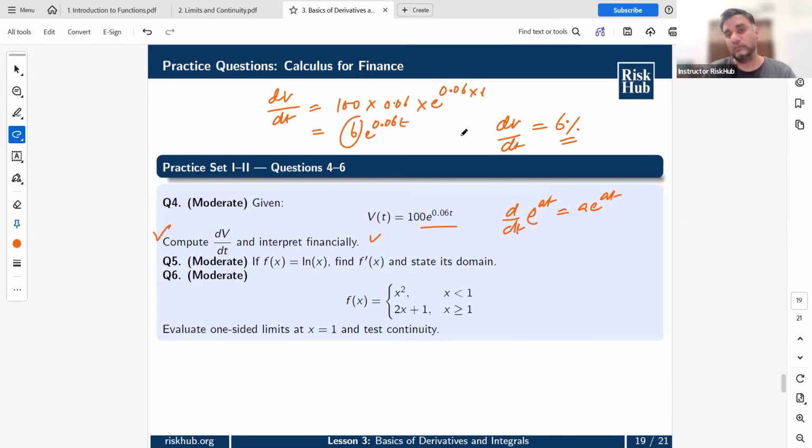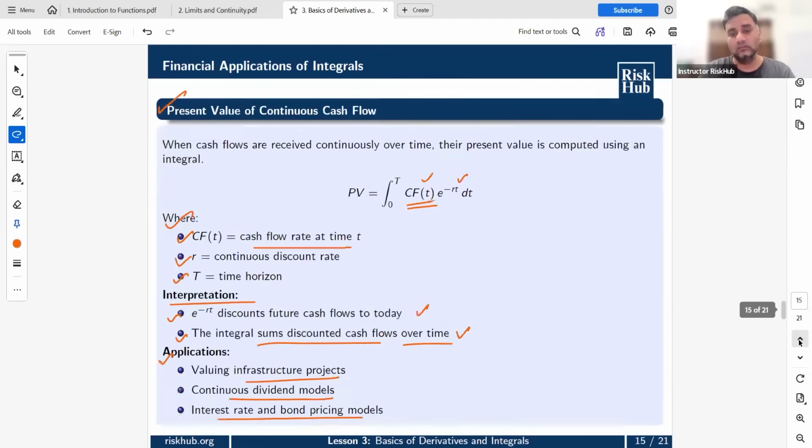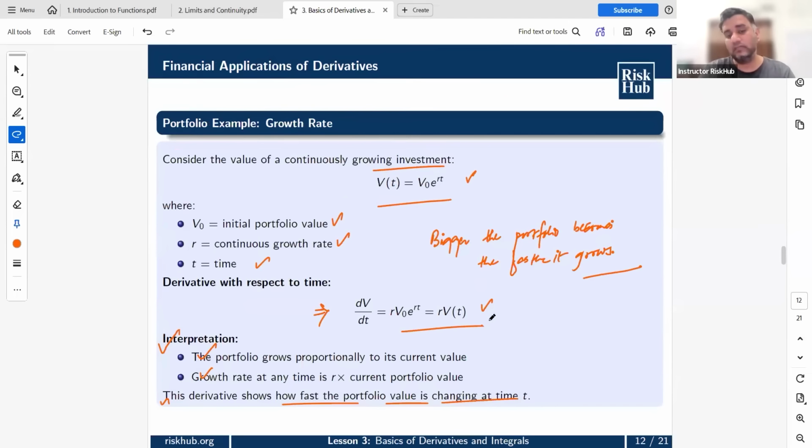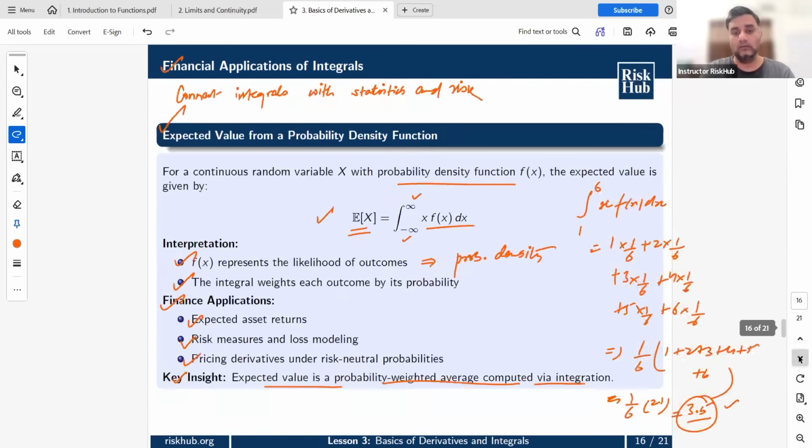The growth rate is 6% continuously, so dV/dt is rV(t). That is what we are getting. This is the same concept which was given here also. If you're getting confused, you can see this. dV/dt is equal to rV(t).